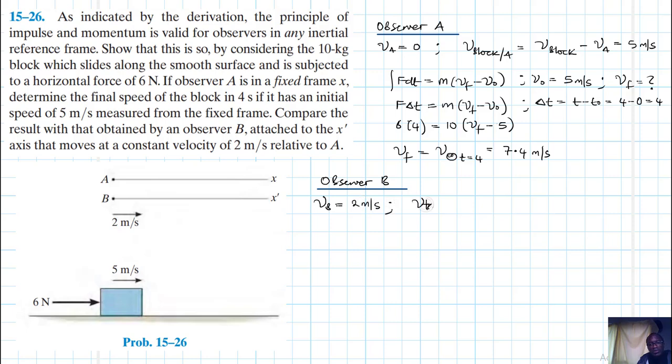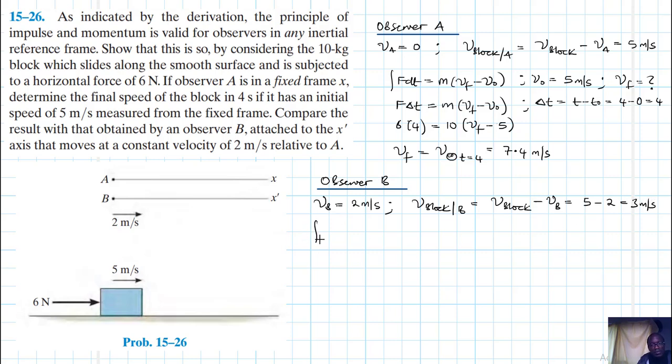So the velocity of the block with respect to B is equal to the velocity of the block minus v_B, and this is just going to be equal to 5 minus 2, which is equal to 3 meters per second.